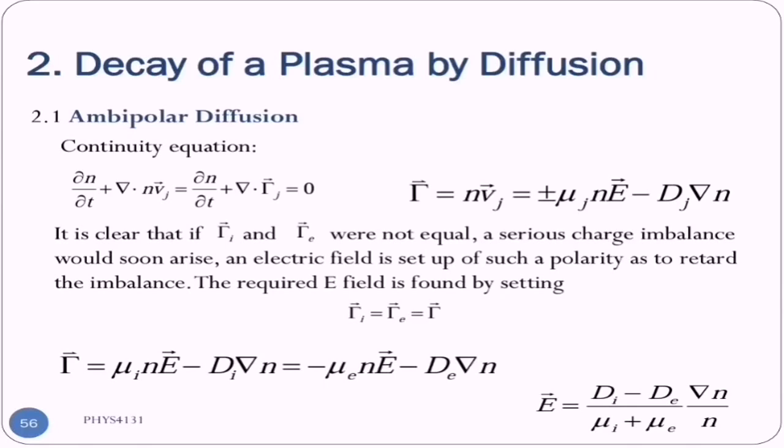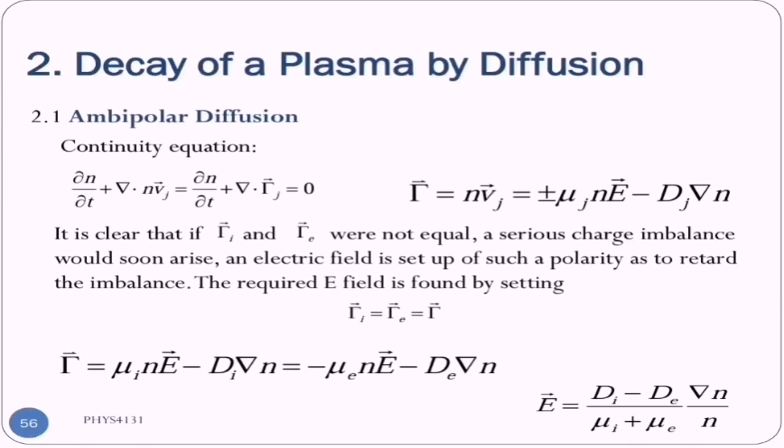The fluid equation of motion and continuity equation give the plasma behavior, but if the decay is slow, then we only have to retain the time derivative in the continuity equation.